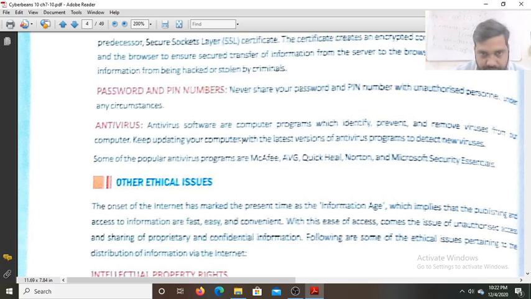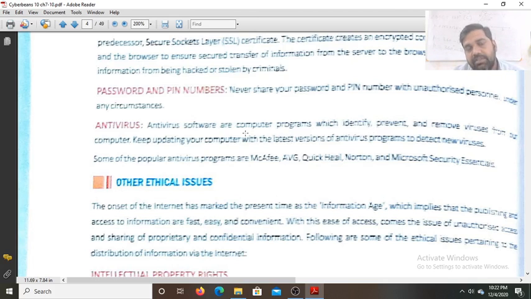Antivirus. With the help of antivirus software, computer programs which identify, prevent and remove viruses from our computer. This antivirus software is used to identify the virus, and after identifying it, prevent it from entering the computer. It also deletes any virus file if present in the computer.